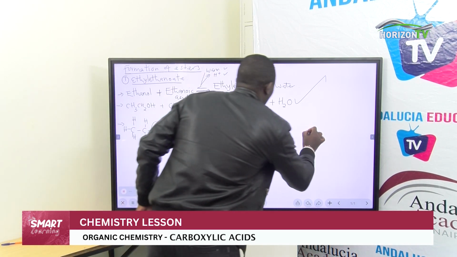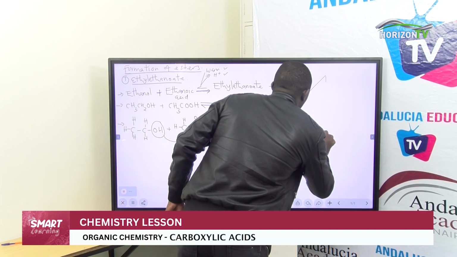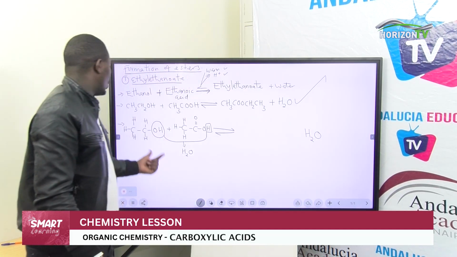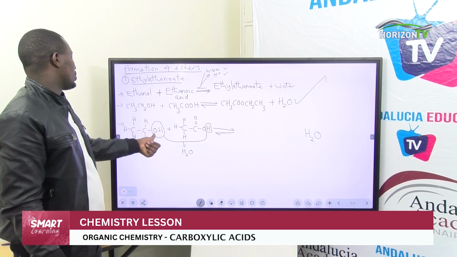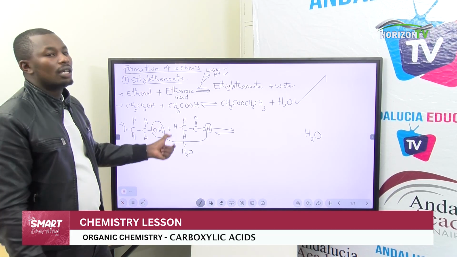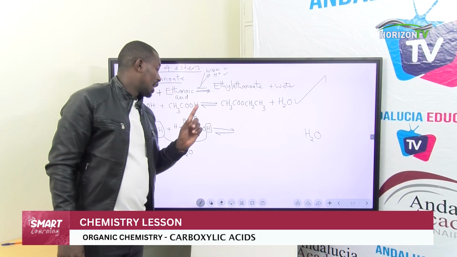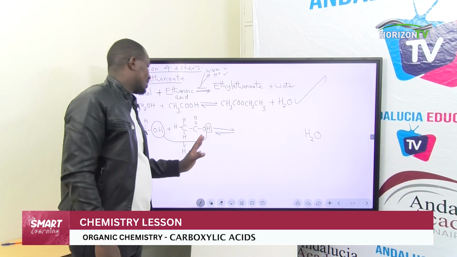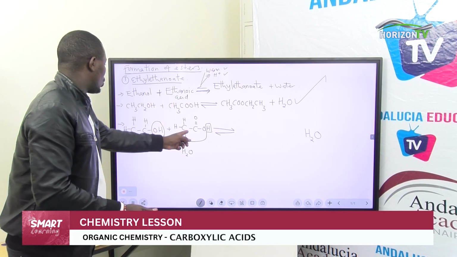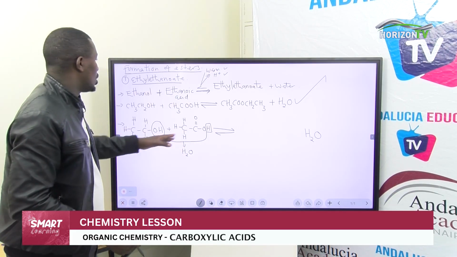So that's how we arrive at the water molecule. It's released after the OH from the alcohol unites with the hydrogen ion from the carboxylic acid. So what is left? Now we have to combine this part and this part to form our ester.